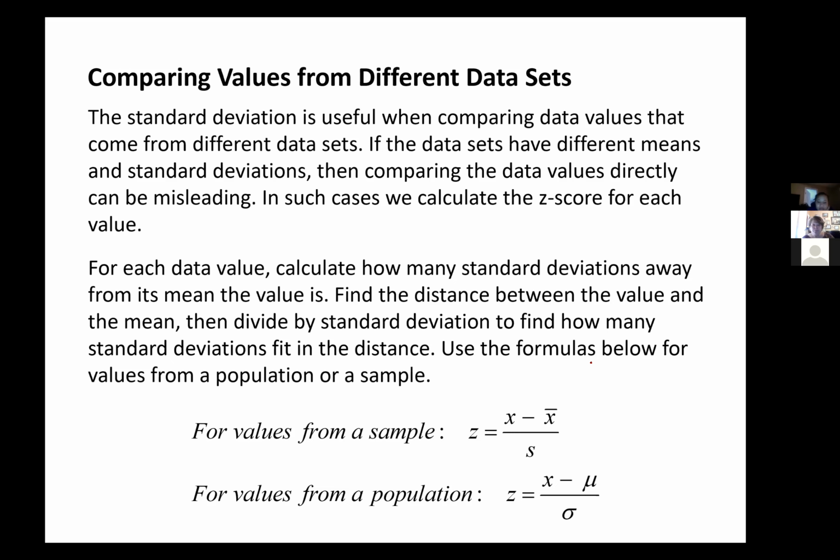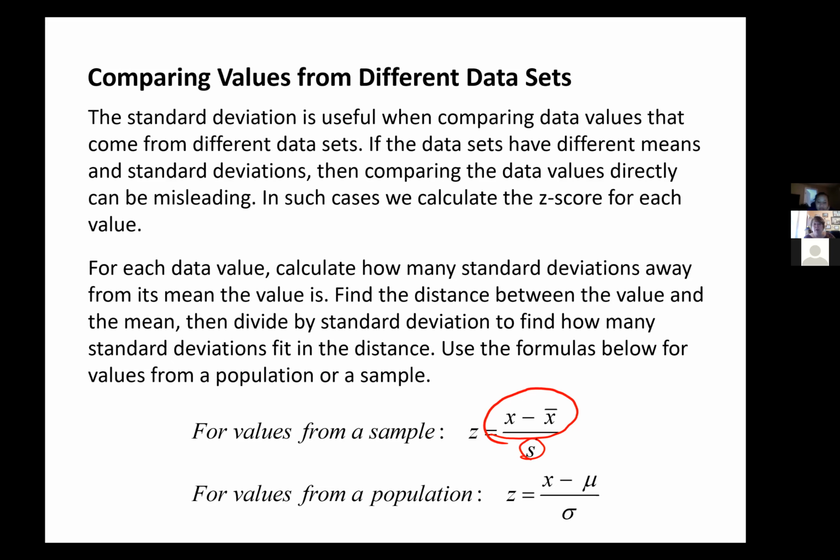So what you do is you take your data value and you subtract from it the mean. Then you divide that by the standard deviation. And that tells you how many standard deviations from the mean that particular data value is.